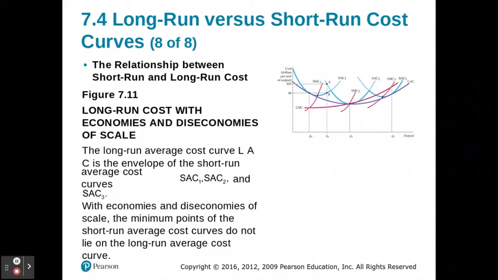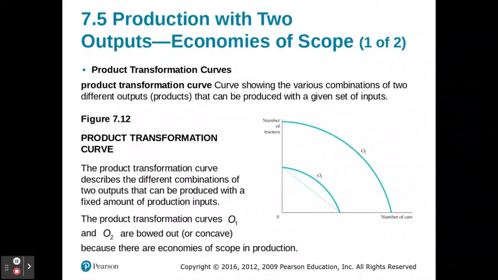So the long run curve is basically determined by the shape of the short run curves. It is U shaped, but the shape itself comes from those minimum points on these short run curves.